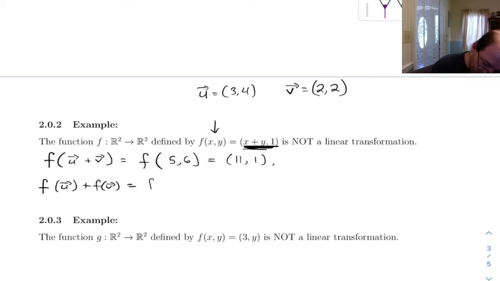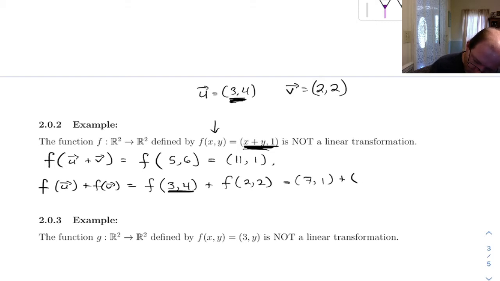Because f of u is going to be f of (3, 4). Let me write this down. Then f of (2, 2). All right, f of (3, 4) is going to be (7, 1). And f of (2, 2) is going to be (5, 1). And if you add those together, you get (12, 2).